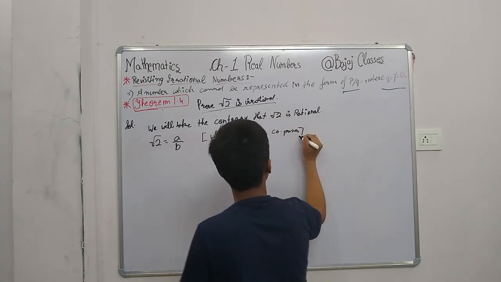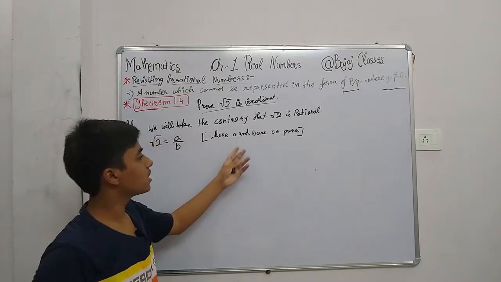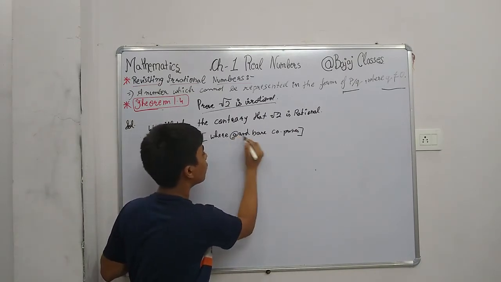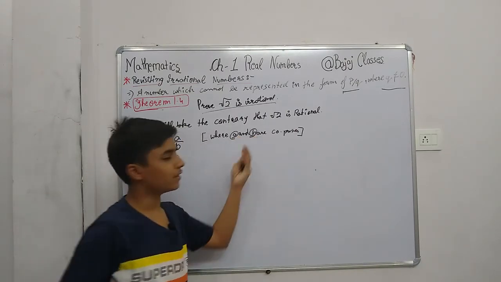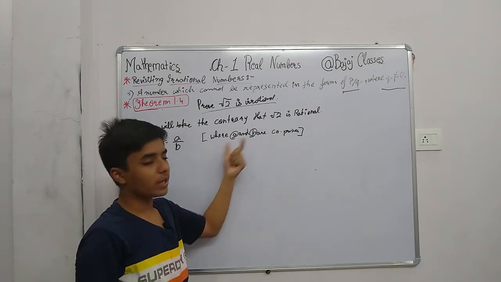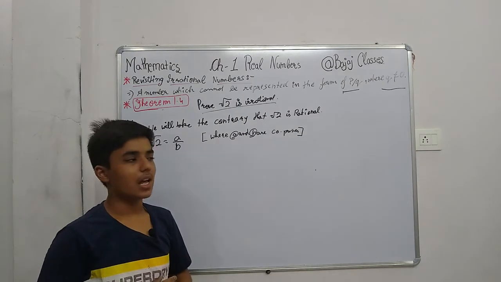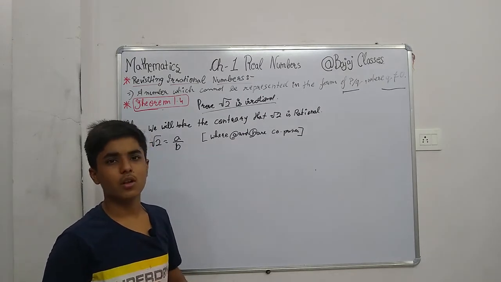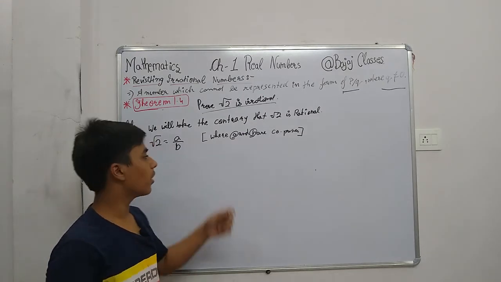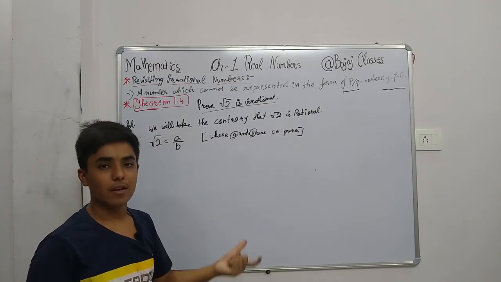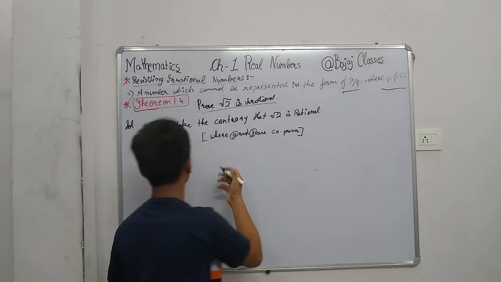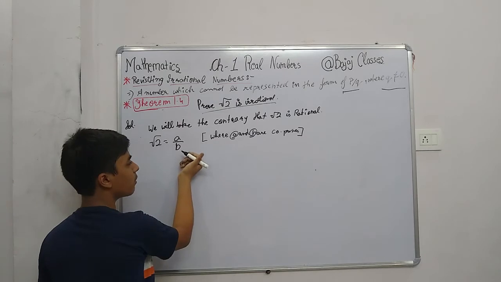What are co-primes? Numbers which do not have any common factor other than 1. These two can be any numbers which don't have a common factor other than 1, like 3 and 4, or 3 and 7. So under root 2 equals a by b.